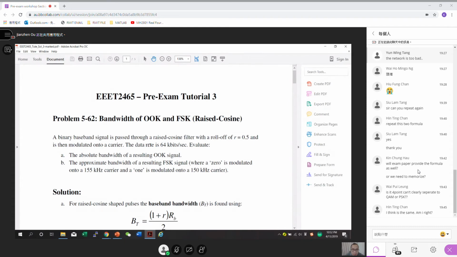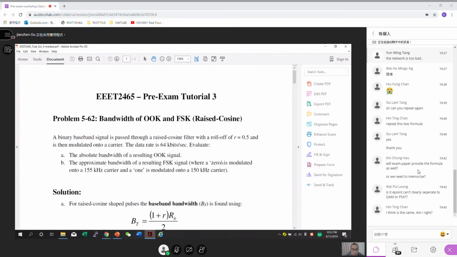The data rate is the bit rate, right? So the data rate here is 64 kilobits per second. Then the question asks you the absolute bandwidth of the resulting OOK signal. Luckily we have the formula, right? The second question is the approximate bandwidth of the resulting FSK signal.